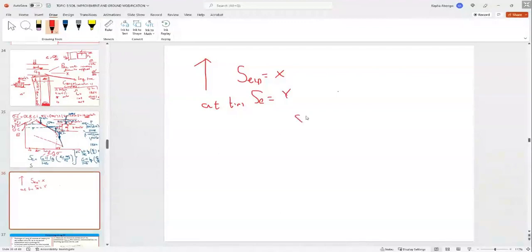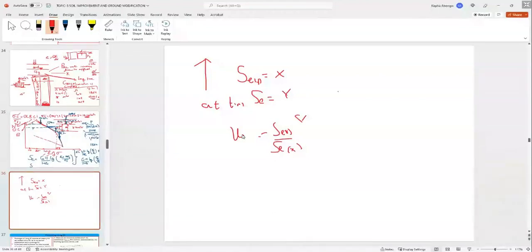The settlement y over the final settlement x will give you what is known as the degree of consolidation, U. How much consolidation has occurred?